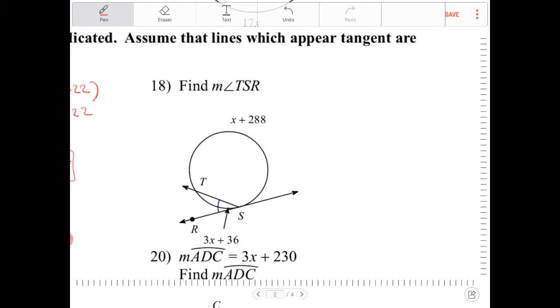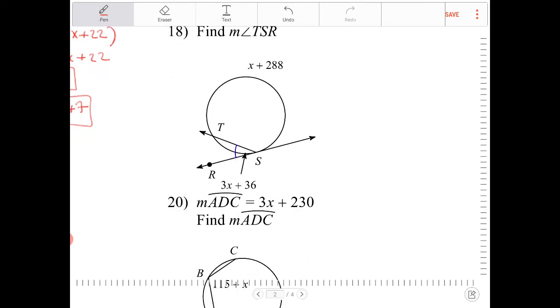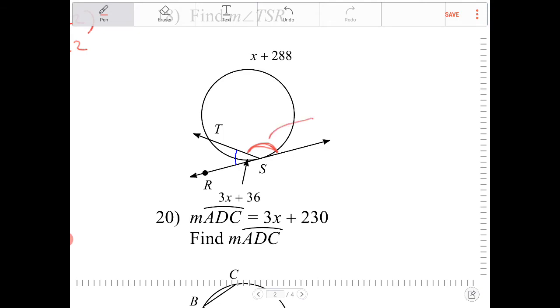Question 18, very, very similar. So here, instead I will subtract by 360, or actually, you know what? I'm going to find out what this is, right? So I know that that arc there is going to be 1/2 of x plus 288.